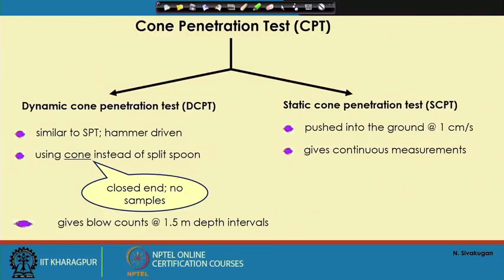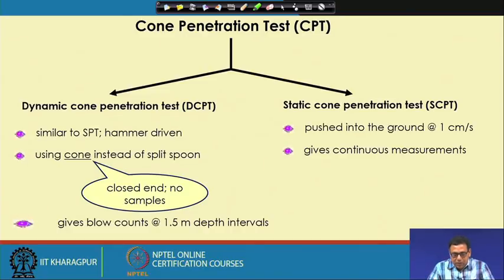Now, we will go for the cone penetration test. This is also another indirect method. The cone penetration test is of two types. One is the dynamic cone penetration test or DCPT, another is the static cone penetration test or SCPT.